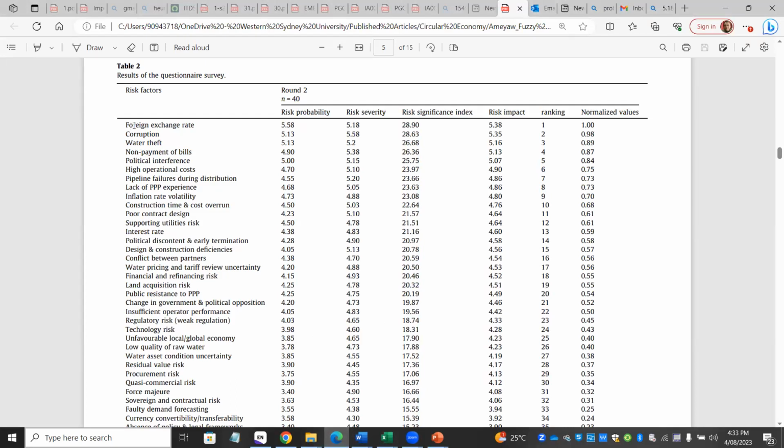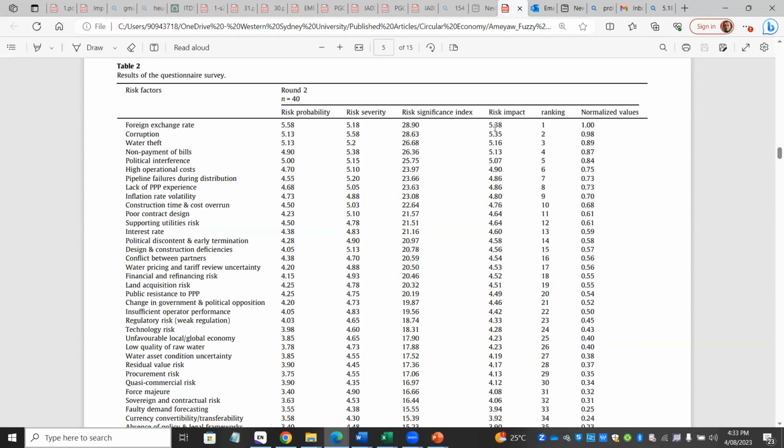You take the factor and its risk score, or risk impact, which in this context, if you take foreign exchange rate, is 5.38. That here will represent the mean, because this 5.38 and all the scores in this column represent a single value for both sides. And when I say both sides, I mean when you combine the risk probability and risk severity. Okay, one score for that.